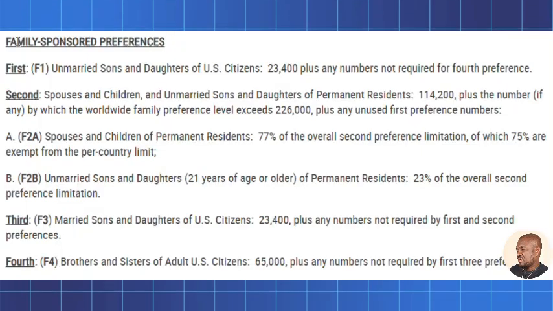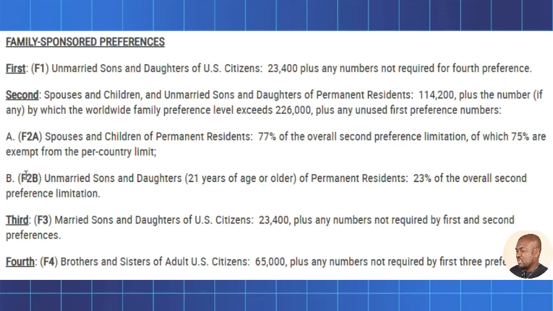So guys, as you can see here, this is family sponsored preferences. That's the one we're going to cover in this Visa Bulletin. We're going to cover the F1 category, which is unmarried sons and daughters of U.S. citizens. We have F2, which is split into F2A and F2B.